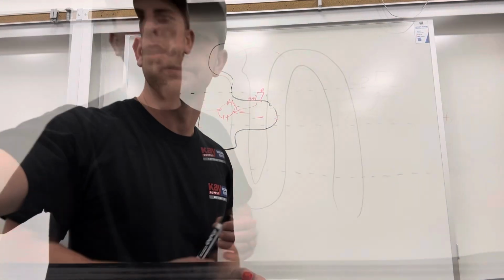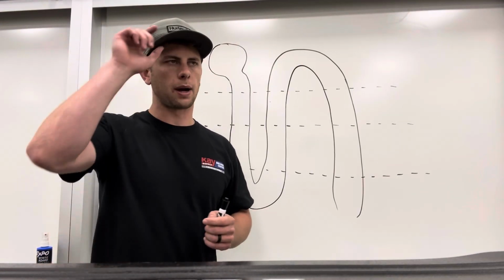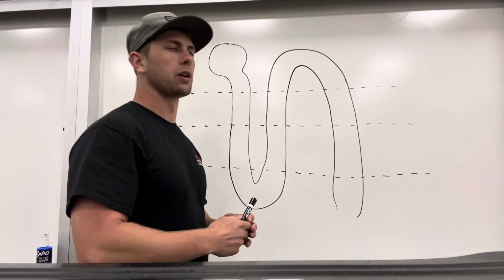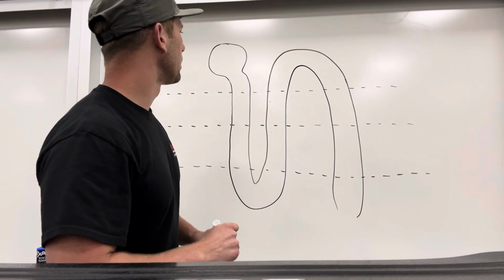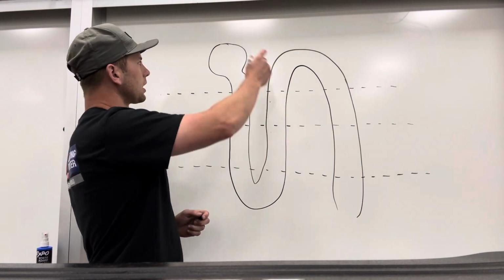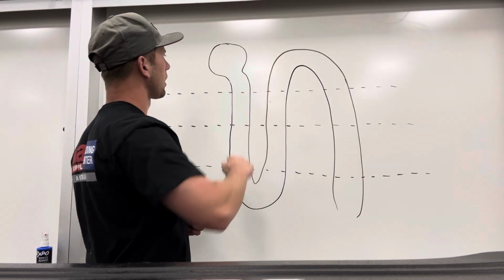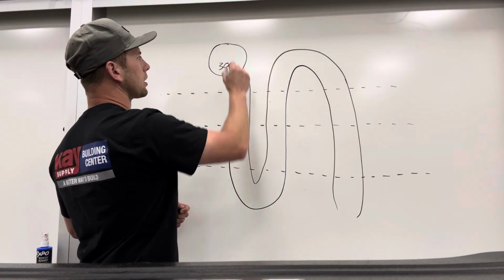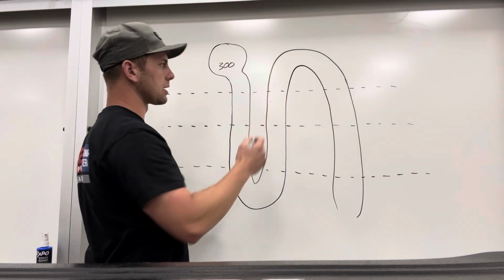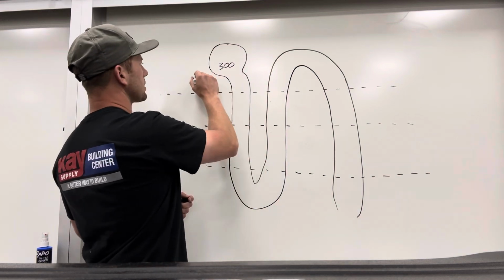It's pretty cool. All right, now I'm going to attempt to teach you about urine dilution and concentration and how that works. So if we start here at the glomerulus, we have a concentration of 300 milliosmoles. And that's the same out here.